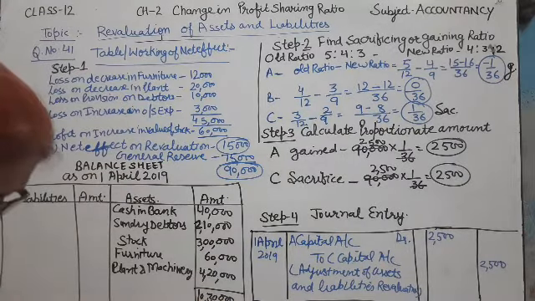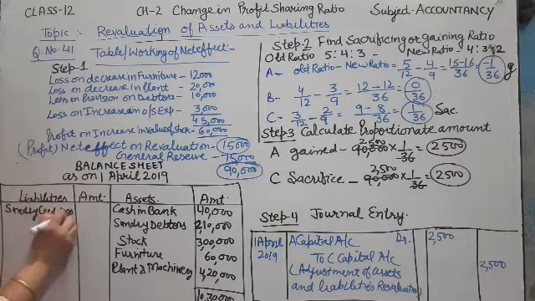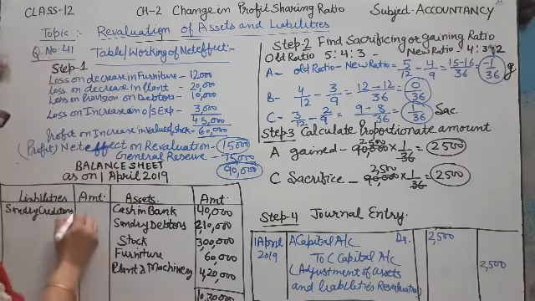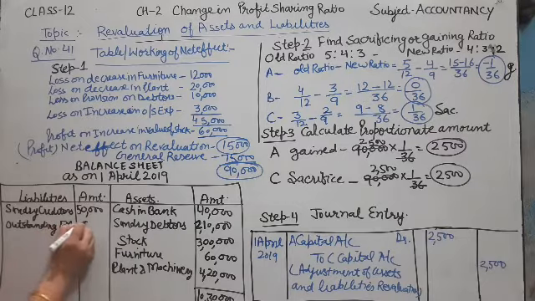Now come on the liability side. First liability is creditors. Sundry creditors, same amount is equal to 50,000. After that, outstanding expenses, same value, 5,000.